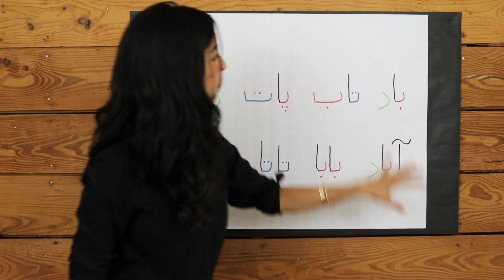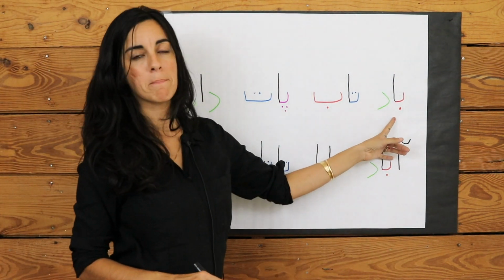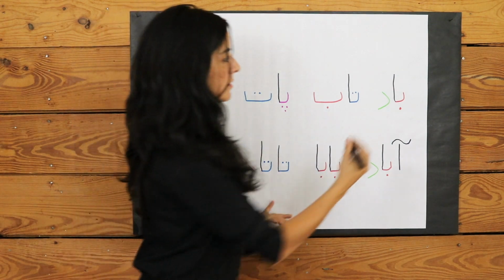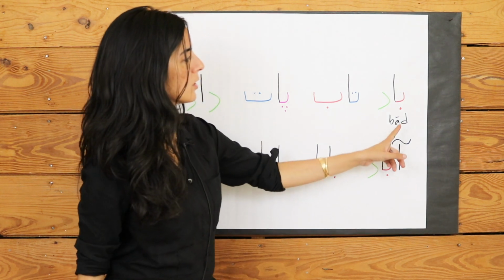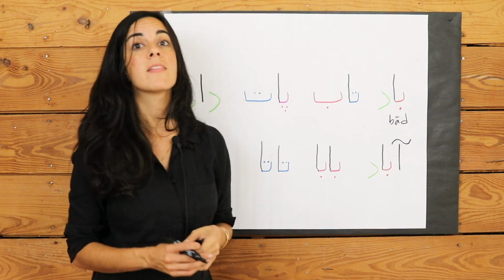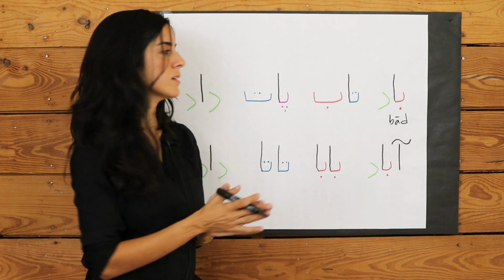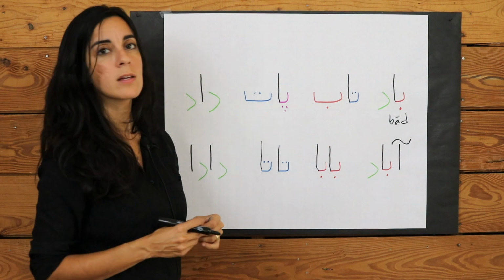So again, let's go over all these words together. The first one, bod. And remember, this shows up in our PDF guide whenever we have this line over an a that represents that ah sound, ah vowel. Te, a, be, tub.